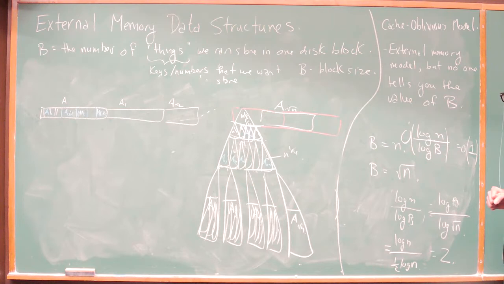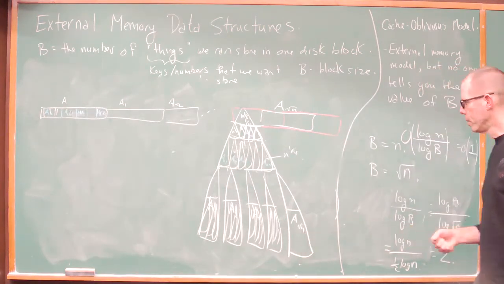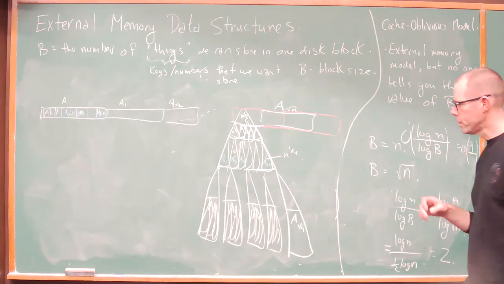And if B is way bigger than N, you're still going to have to read at least one block. So it doesn't make sense to assume that B is much bigger than N, as long as when B is about N, we can do it in a constant number of blocks.